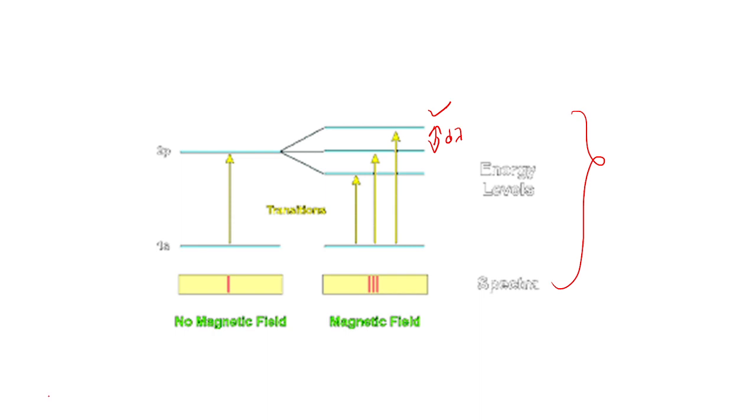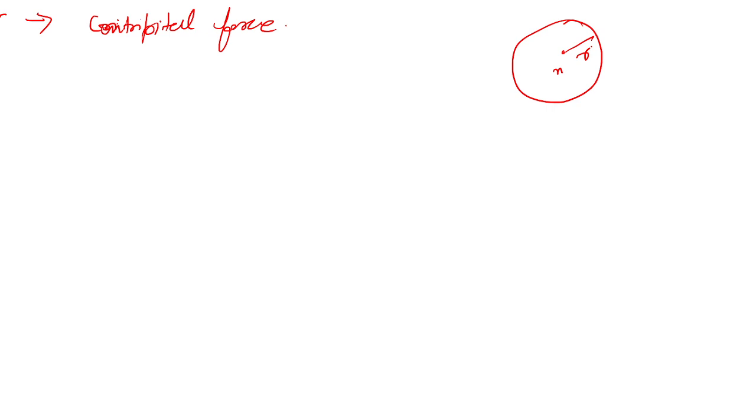So what we have to do first is consider the centripetal force. This is the force when there is no magnetic field, okay. Let this be the atom and this the nucleus, and r is the radius, e is the charge on the electron and m is the mass of that electron. So what is centripetal force?